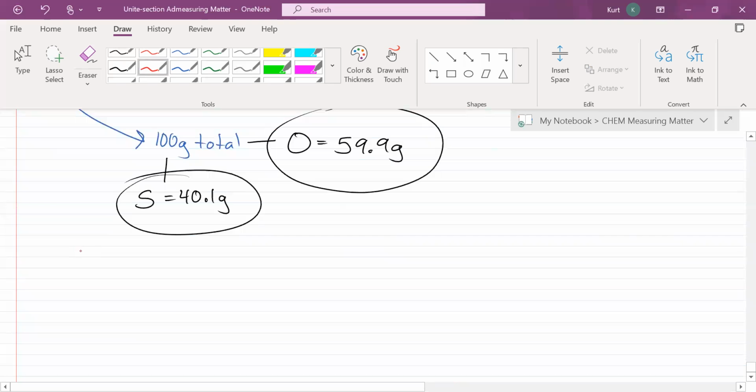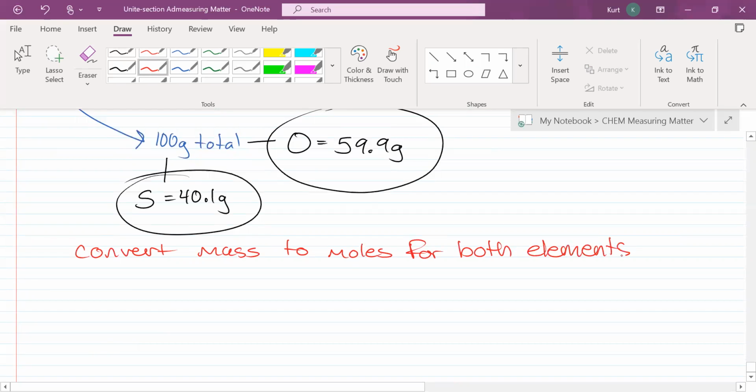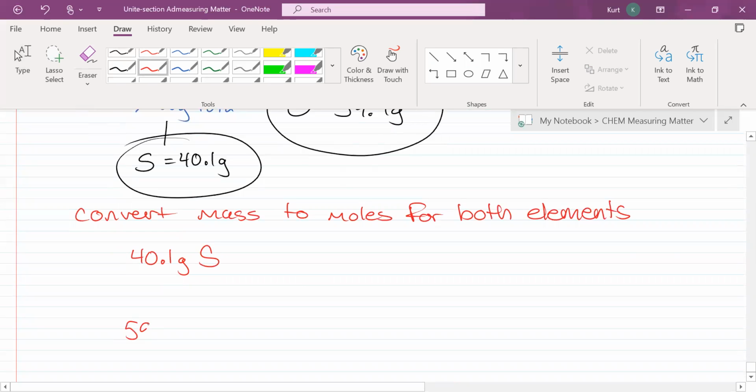Convert the masses to moles. So you all have 40.1 grams of sulfur. You guys have 59.9 grams of oxygen.